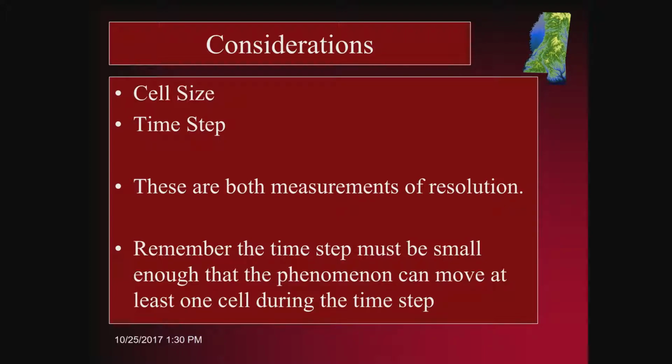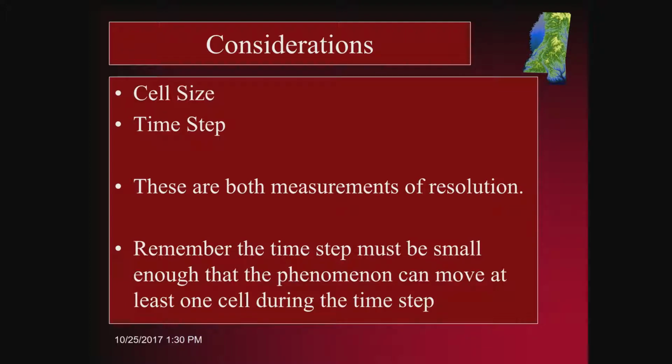You can model it on a yearly basis or a monthly basis or daily basis. Those are time step changes. Or you could model it on 5 meter data, 30 meter data, 100 meter data, 1,000 meter data. Those are cell size changes. Okay? Really, they're both measures of resolution. They're related.